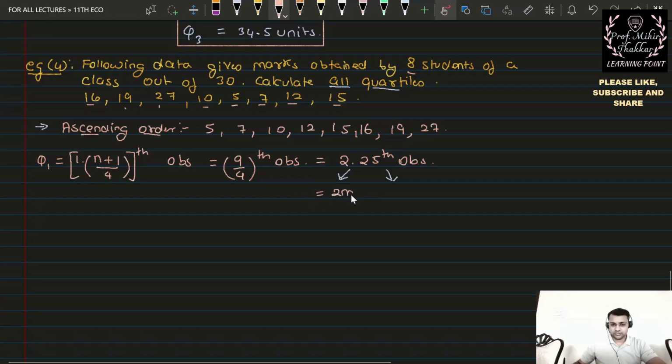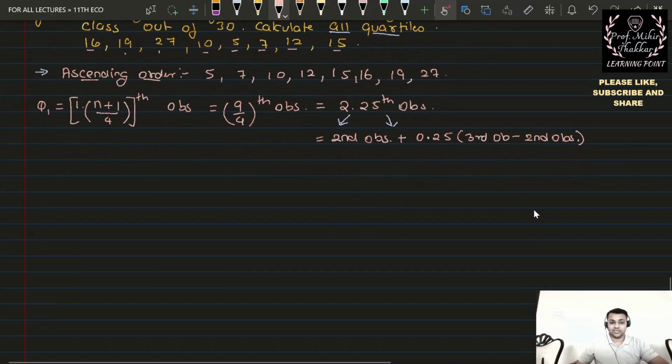Second observation plus 0.25 multiplied by the third observation minus the second observation, but that too you have to be careful to take in the ascending order and not in the actual question.